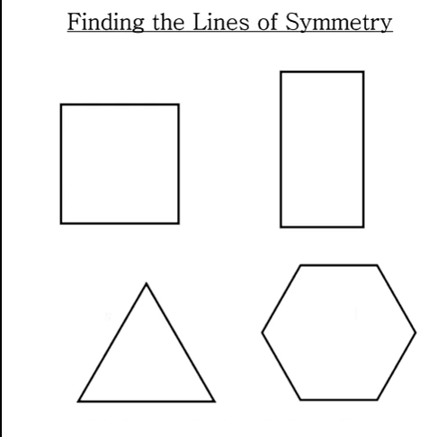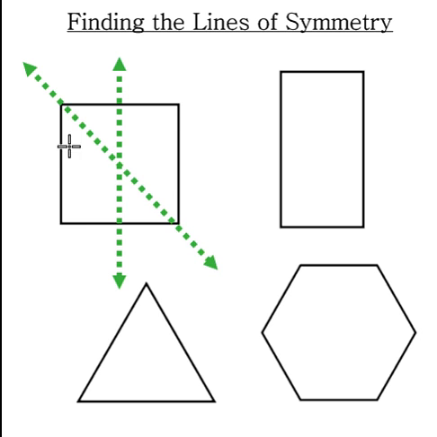Finding lines of symmetry. Here we have a square, rectangle, equilateral triangle, and a hexagon. So looking at first the square, if I go north to south, cutting it right down the middle, I have one line of symmetry. If I cut diagonally here, I also could fold this end to touch this end. That would work. I can cut it this way as well.